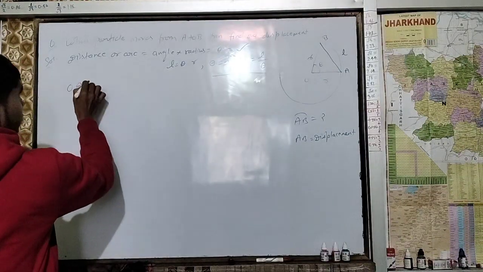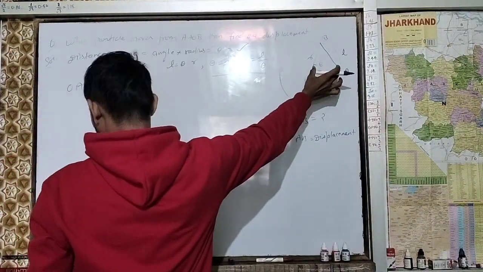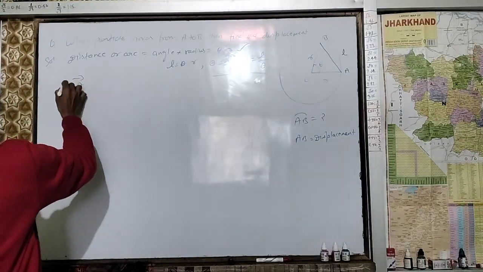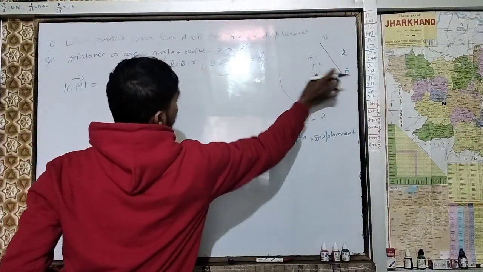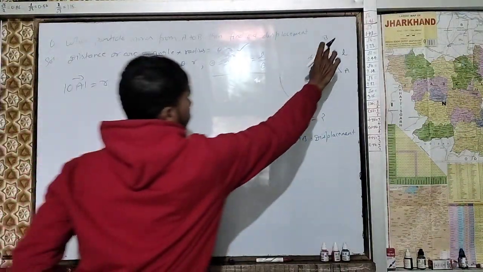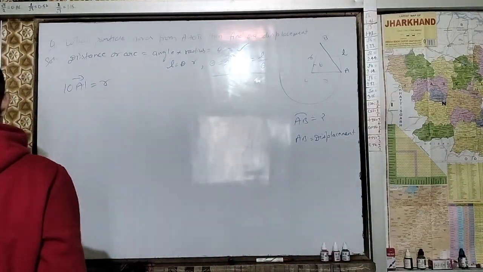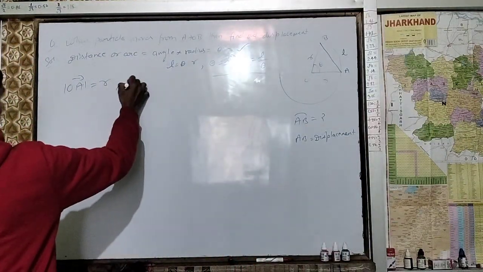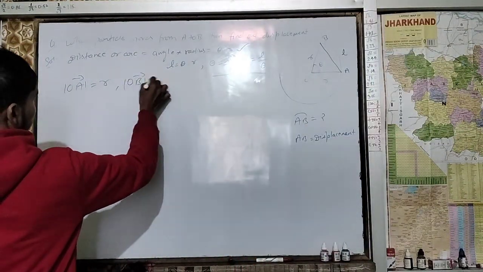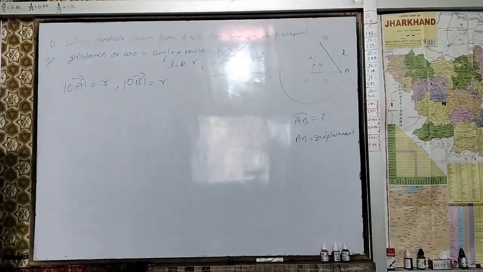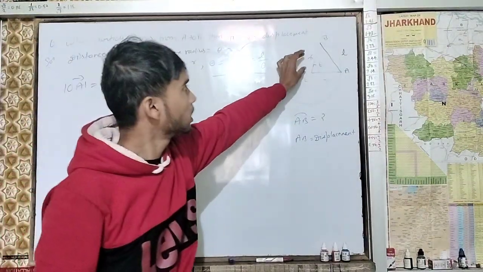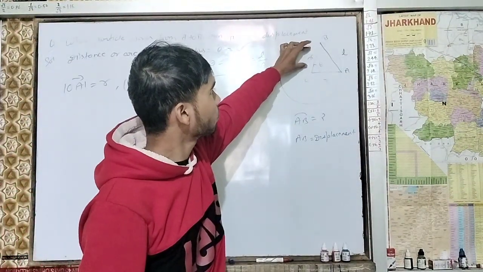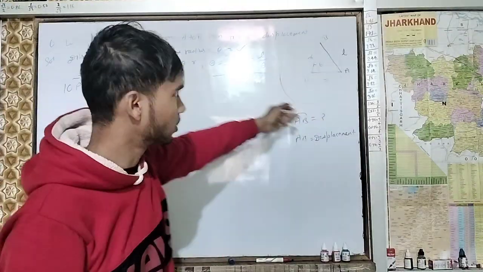So OA, we already know, is equal to the radius. This OB is also equal to the radius. But in the language of vectors, we are not taking this r as a direction.